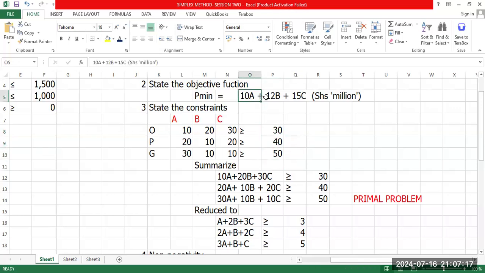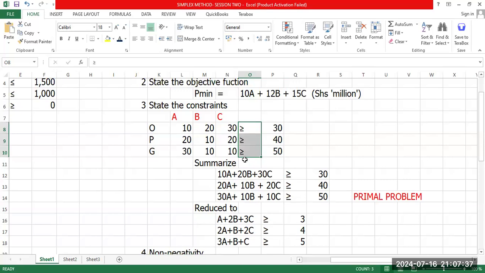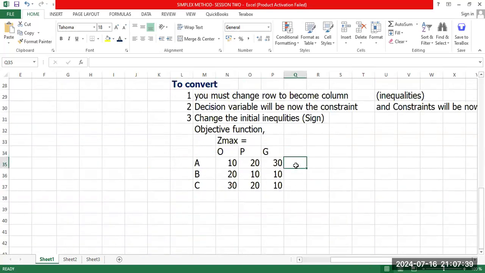Then the figures that you had here will appear after your new inequalities. So I am changing the original inequalities, they were greater or equal to, to appear as less or equal to.